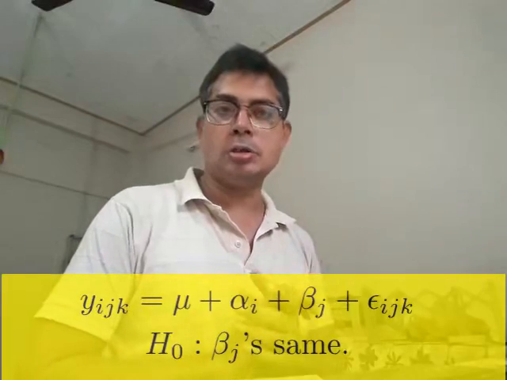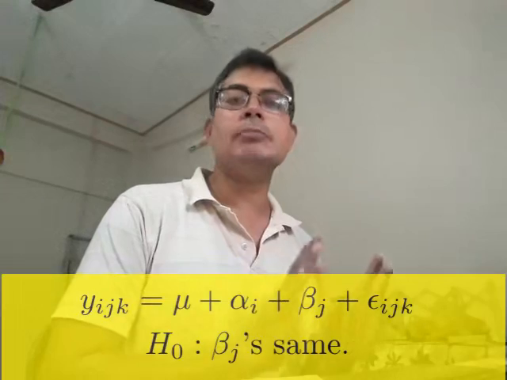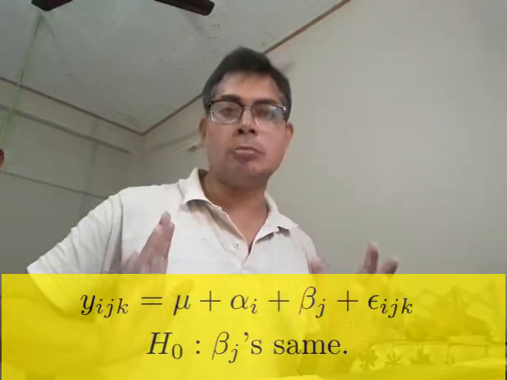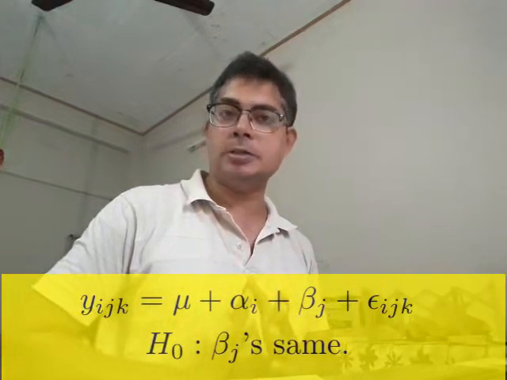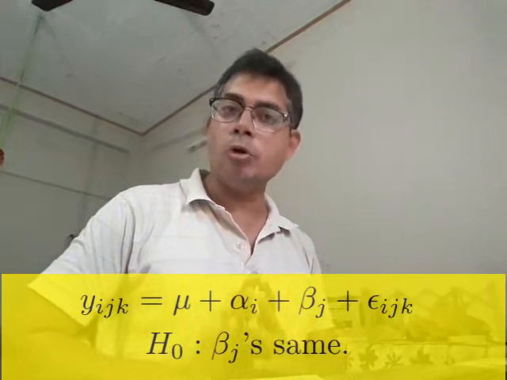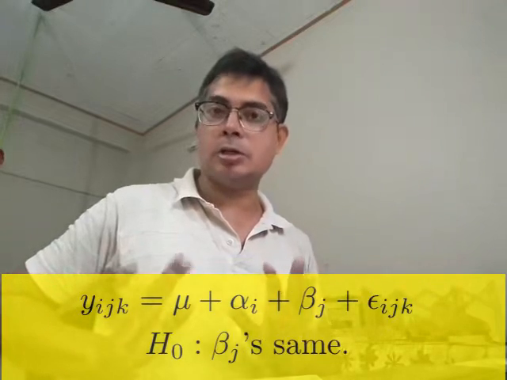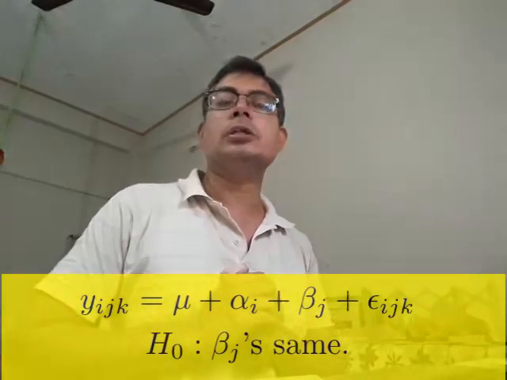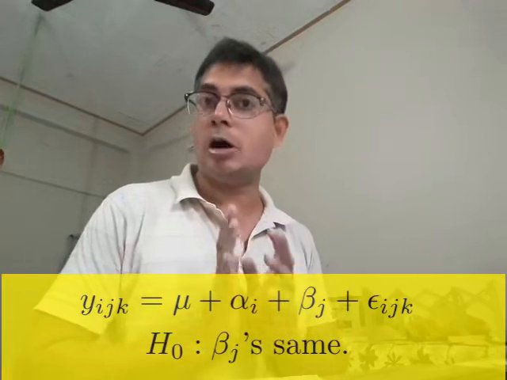Under H0 all the beta j's are constant and this constant may be merged with mu. So we get a null model consisting of only the intercept term and alphas. We fit both this full model as well as that null model without betas and we compare them using likelihood ratio test. We have already seen how to do that.